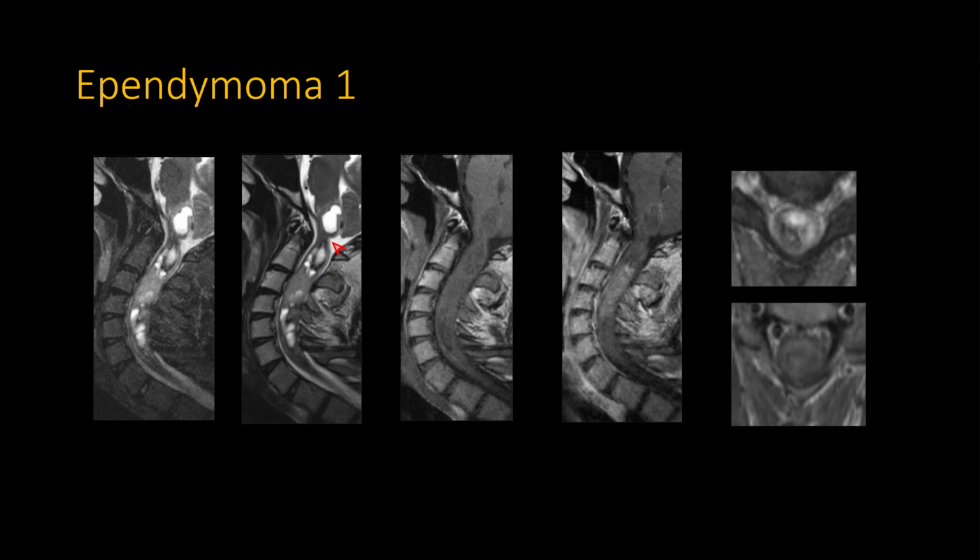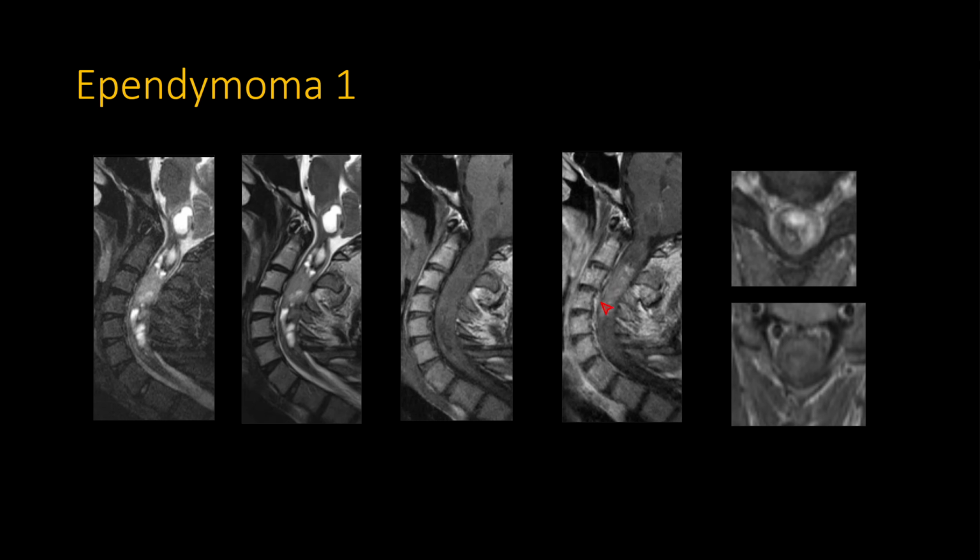When you see something like this, having these cysts, having a central mass-like area that you can even see on pre-contrast images, I mean, these are all T2-weighted images without contrast, you can see this one area that looks like a central mass almost. That makes you think of a neoplasm as opposed to something inflammatory.